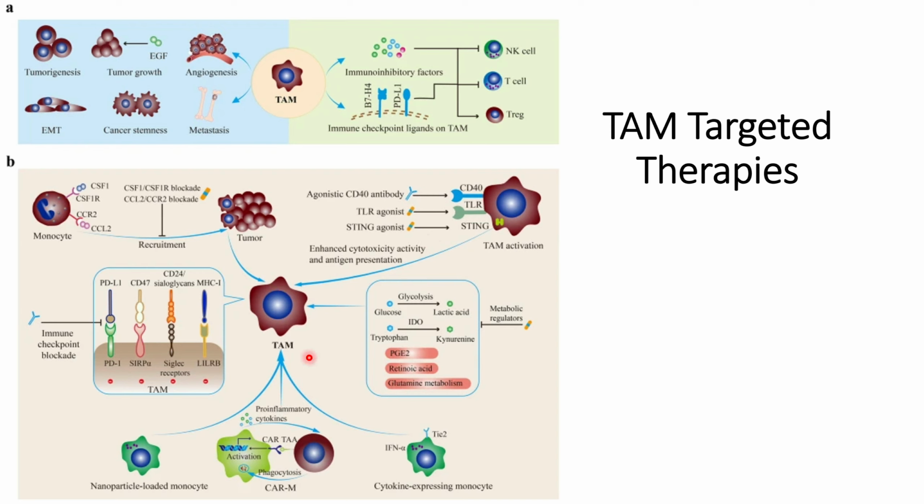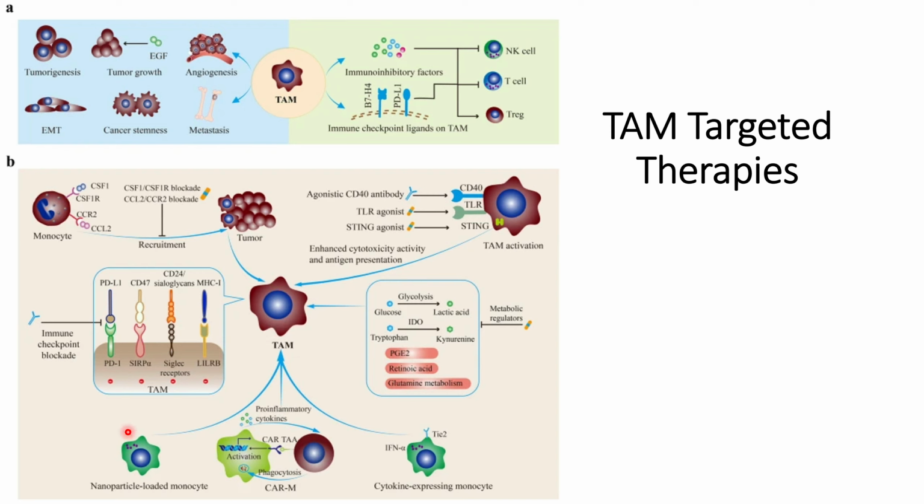Some of the strategies are shown in this panel B. One of the strategies is immune checkpoint blockade, where the checkpoints present on these tumor-associated macrophages, such as PD1, SIRPA, Siglec receptors, and LILRB, could be inhibited artificially by checkpoint inhibitors, so that the immune system will not be suppressed by these tumor-associated macrophages.